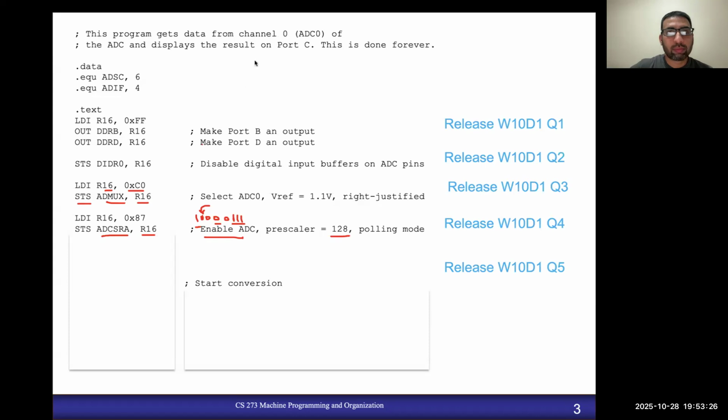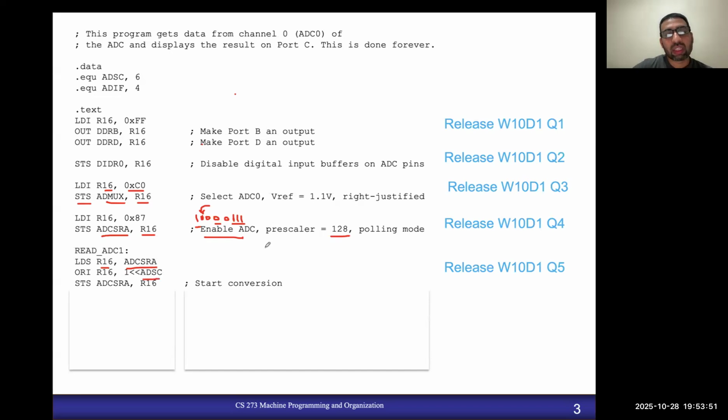Okay, so let's see how to do that. We can first read the ADCSRA register into any general purpose register like R16, and then shift 1 towards the left, how many times? ADSC times. What is ADSC?